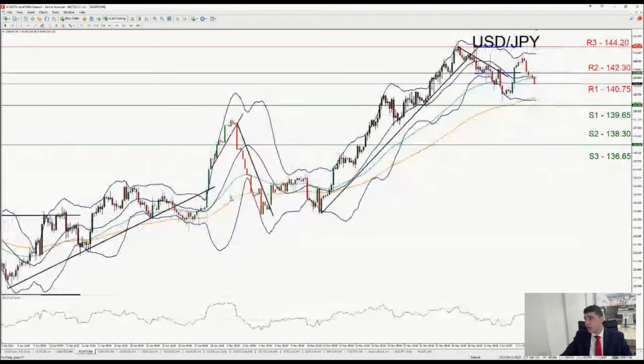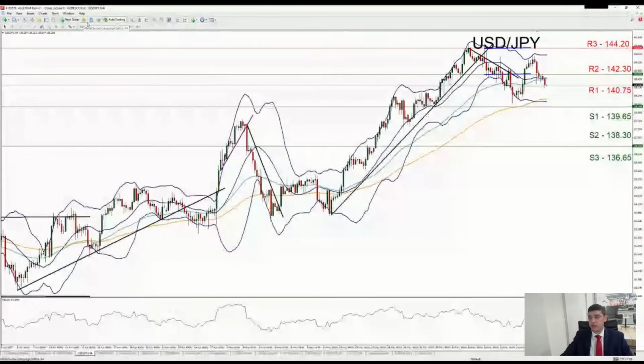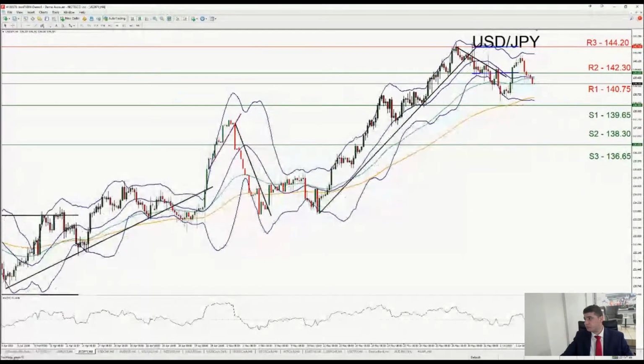Moving on, the Japanese yen with the US dollar.